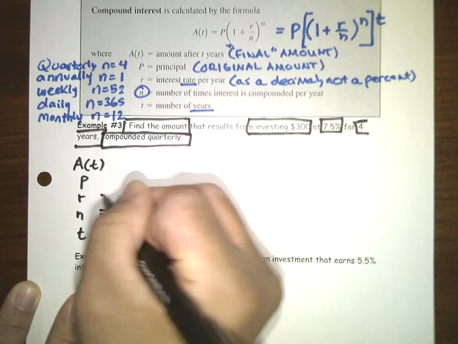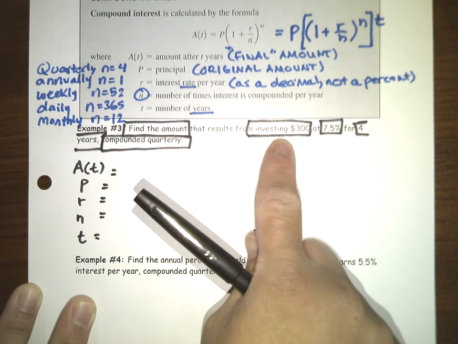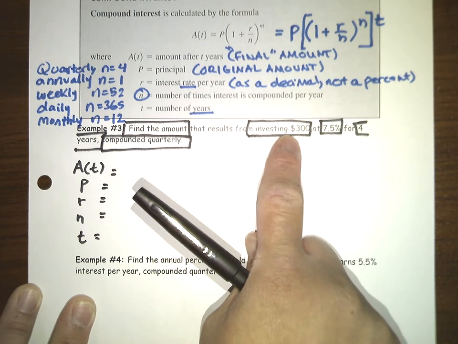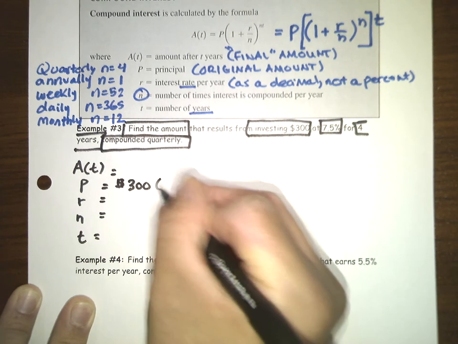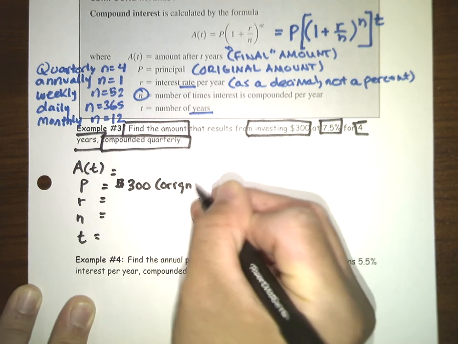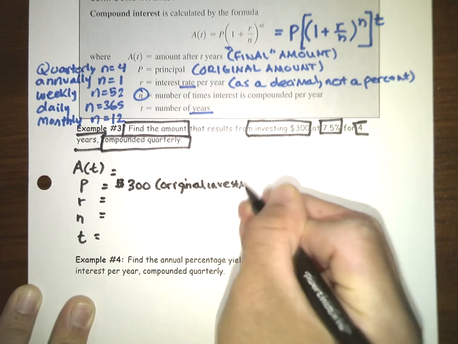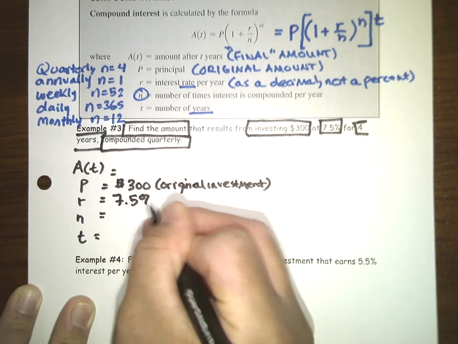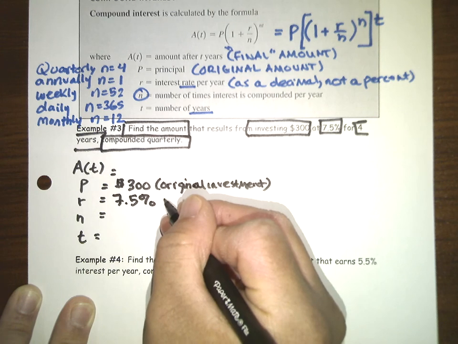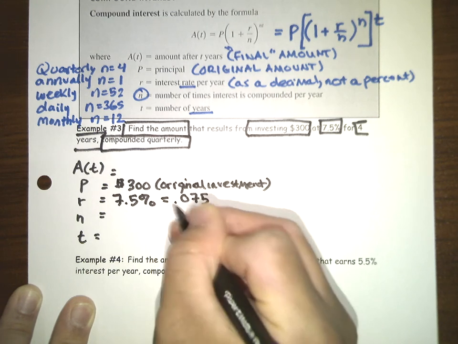All right, so I know that we originally invested $300. So that would be the $300. This was the original investment. And then I know that r was 7.5%, or as a decimal, this is going to be 0.075.